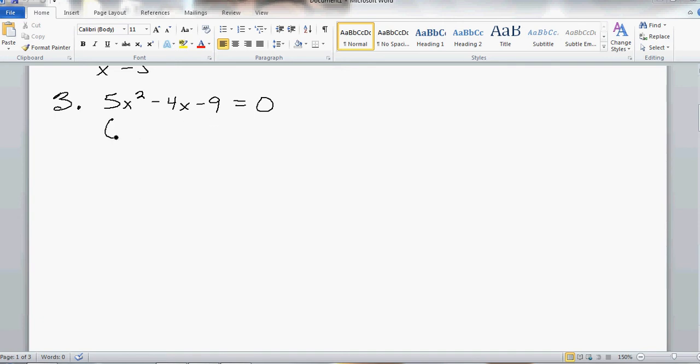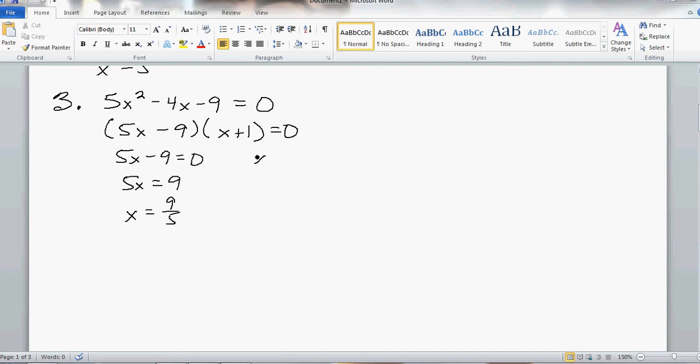And so I realize that this can factor to 5x minus 9 times x plus 1. And so set each one of these equal to 0. 5x minus 9 equals 0. So 5x would equal 9, or x would equal 9/5. Likewise, x plus 1, setting it equal to 0, x is negative 1. So these are the two values that it cannot be.